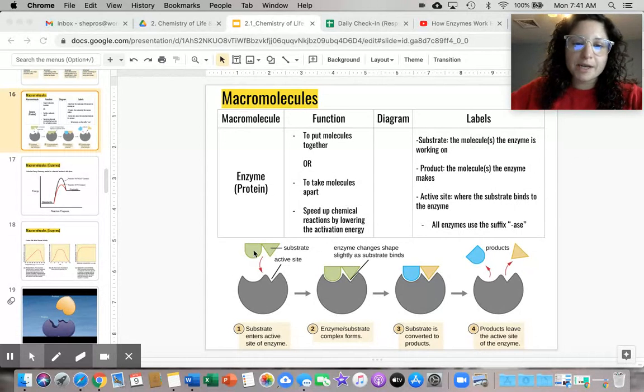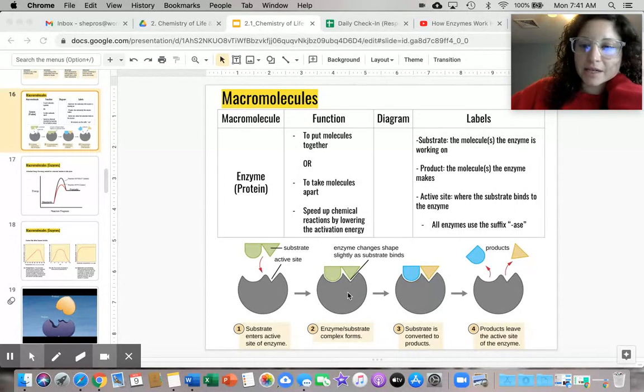So what's going to happen is that the substrate up here is going to bind to the enzyme's active site. That's what you're seeing right here in this part of the diagram. So where the substrate binds to the enzyme is what we call the active site. That's this definition right here. So the molecule or the substrate fits directly into the enzyme and they fit together at the active site.